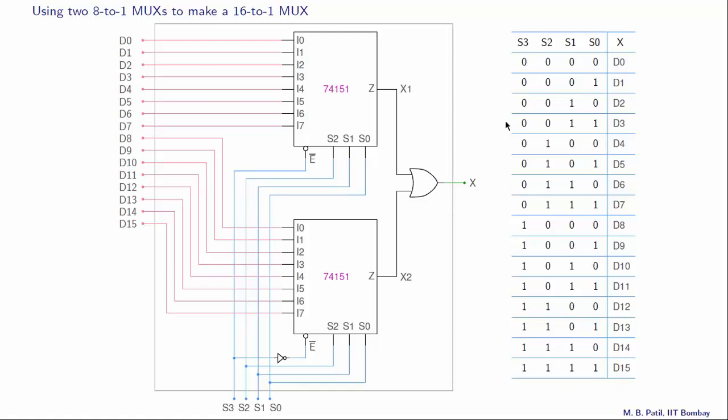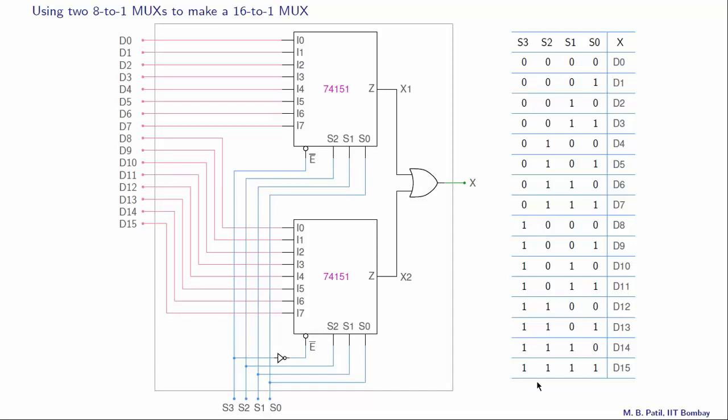What we can do is split this functionality into two parts. We can implement this first part with one 8 to 1 mux, and the second part with a second 8 to 1 mux. And we note that this select line S3 is 0 for these first 8 entries, and it is 1 for these second 8 entries.